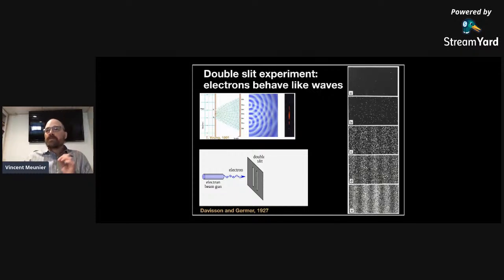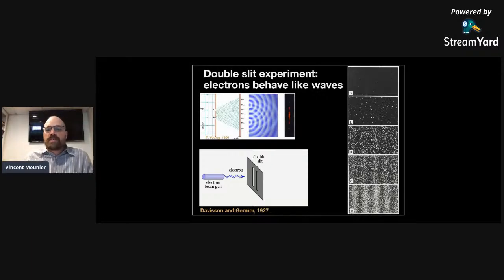And so what happens is that it looks like the electron behaves exactly the same way as light behaved in Young's experiment. And of course, you know by now, this was an experiment that basically demonstrated that electrons are not just particles in the classical sense of the word, but also waves.